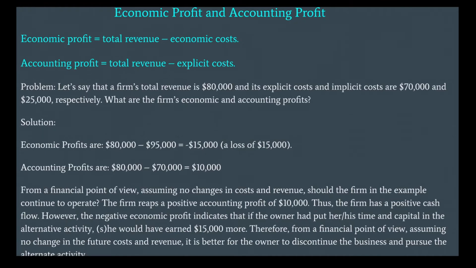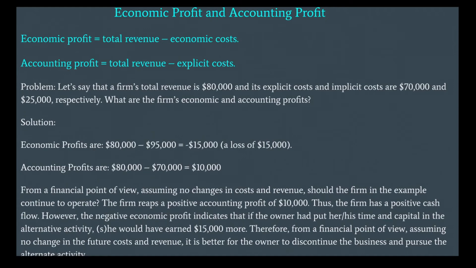So here we can see that accounting profit shows a profit of $10,000, whereas economic profit shows a loss of $15,000. So from the financial point of view, assuming no changes in cost and revenue, should the firm in the example continue to operate? The firm reaps a positive accounting profit of $10,000. Thus, the firm has a positive cash flow.